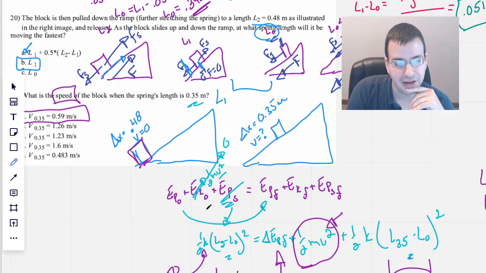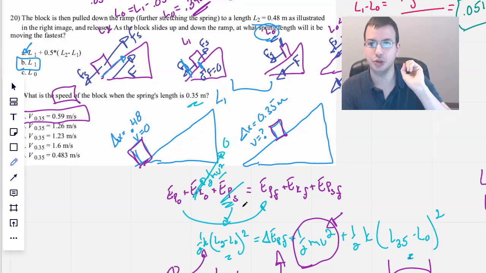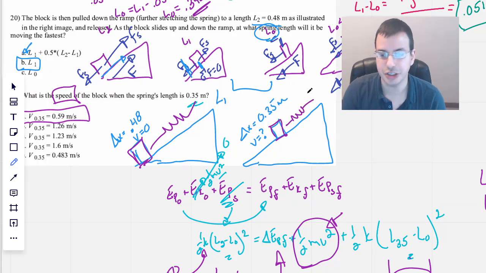You then also have kinetic energy. Say it's at rest at the bottom, so 0 kinetic energy at the bottom, and it has some kinetic energy as it's moved up. And then you have potential energy due to the spring. Here it has lots of energy, here it has less energy.